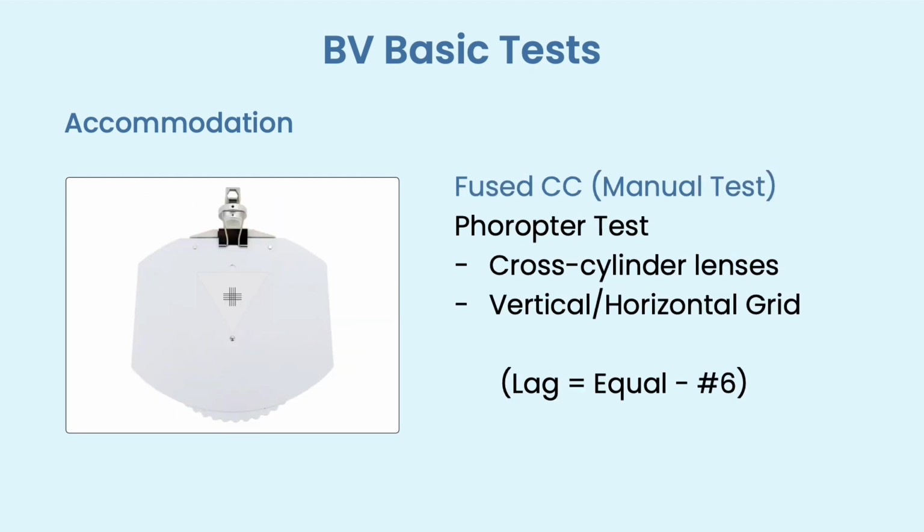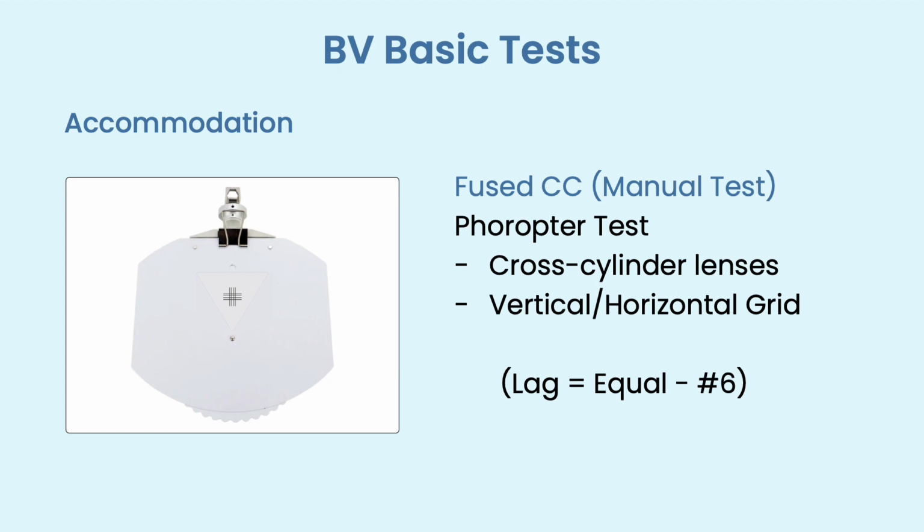The fused cross-cylinder test is a manual phoropter test. We start by occluding both eyes and putting the cross-cylinder lenses in front of the patient. When you open the eyes, you're going to ask the patient which lines are darker, clearer, or look closer to them, vertical or horizontal.